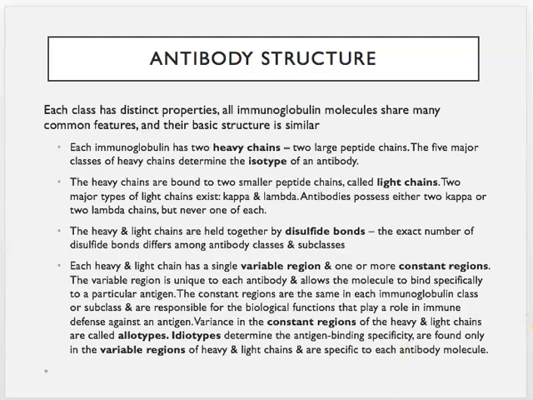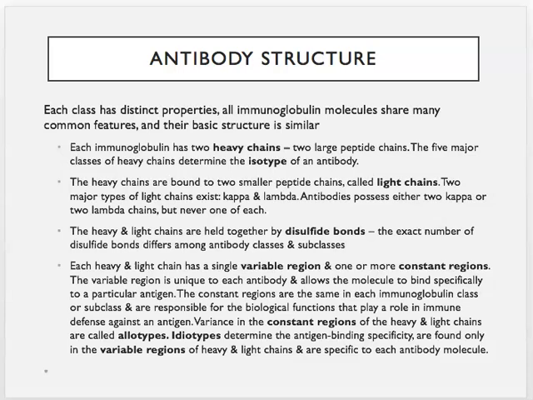Okay, so the antibody structure: each different class of antibody or immunoglobulin has different distinct properties. All immunoglobulin molecules share a lot of common features, and their basic structure is going to be similar. Each immunoglobulin has 2 heavy chains, which are large peptide chains.